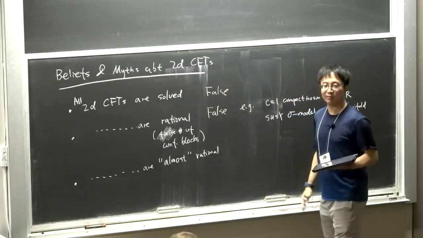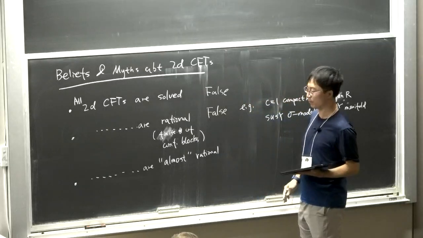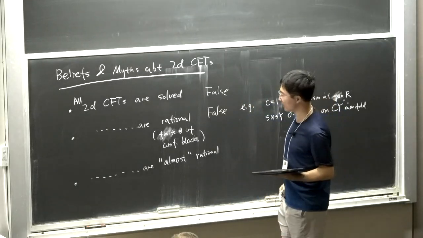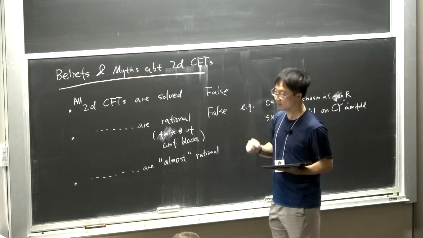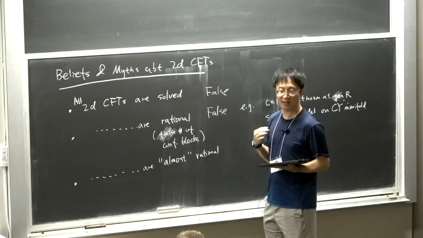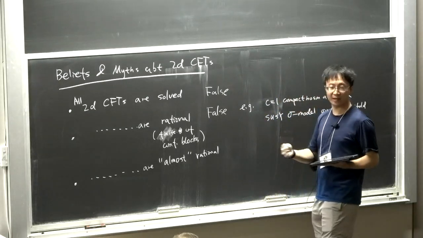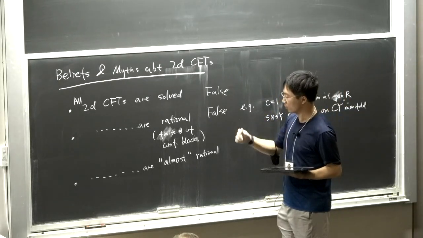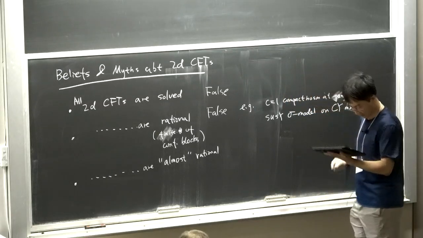I'm being purposely vague here about the notion of almost. But intuitively, the claim is roughly speaking that any 2D conformal field theory is near some rational conformal field theory. For example, if it can be obtained by a small marginal deformation from a rational point.